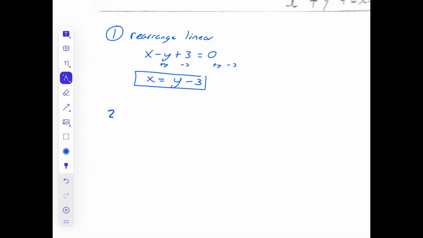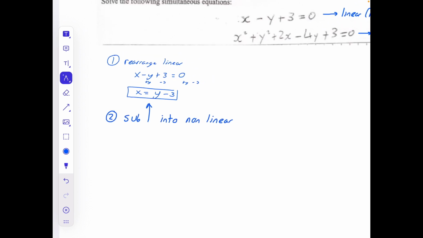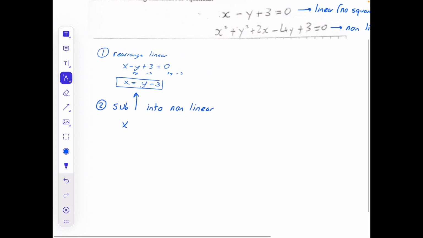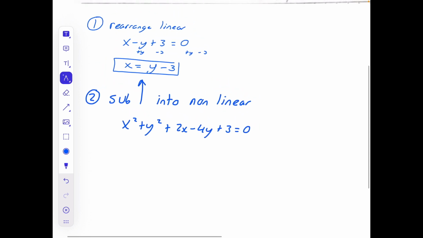Our step 2 then, we're going to sub that into our non-linear. So right now our non-linear is x squared plus y squared plus 2x minus 4y plus 3 is equal to 0.